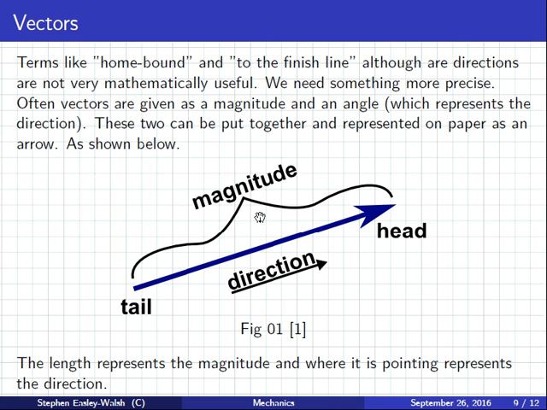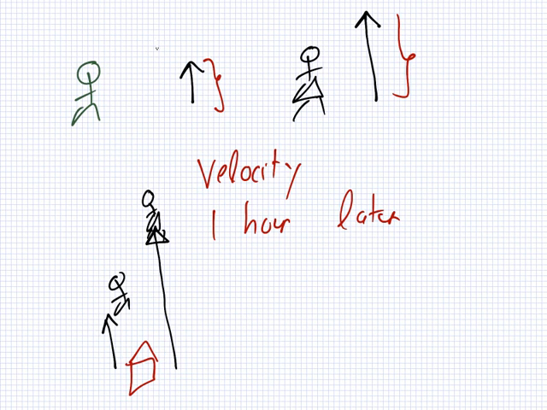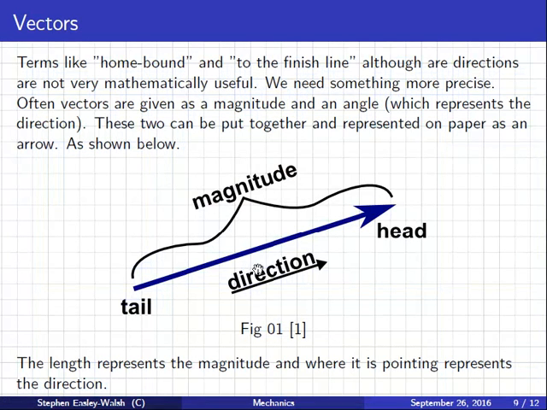For example, in my picture here, this could be 2 meters per second, and this one could be 4 meters per second. And then maybe later this is 1 kilometer, and this is 2 kilometers. So in other words, they do have units.